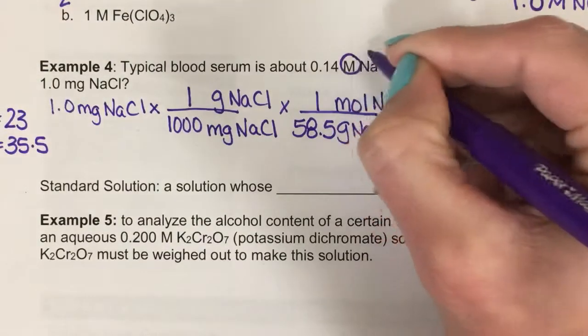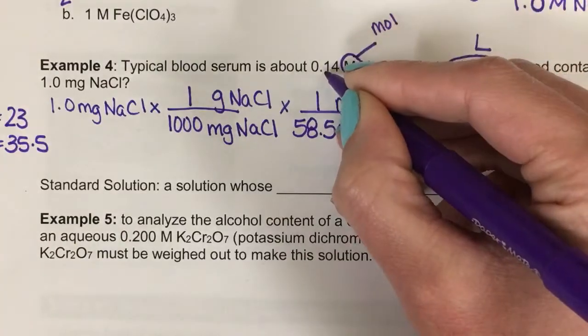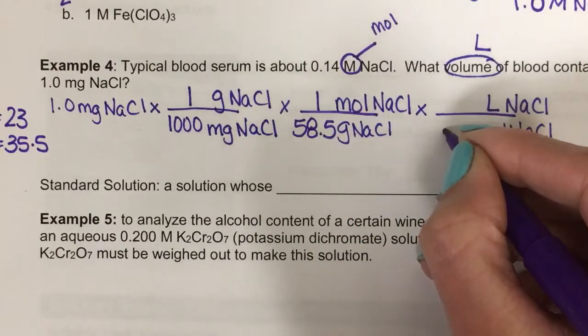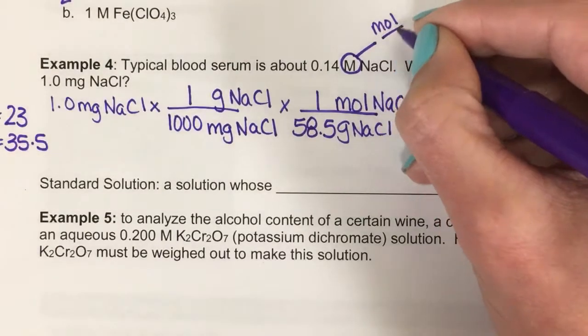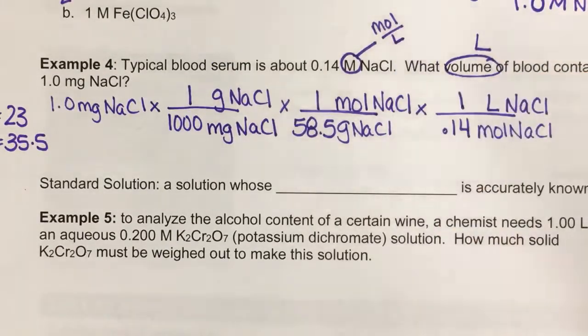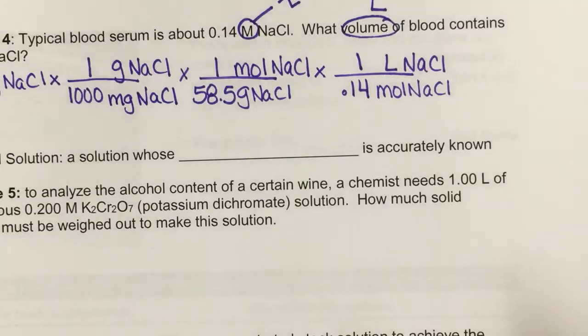My capital M, molarity, is moles, so I have 0.14 moles of NaCl for every 1 liter of solution. So molarity allows me to change from moles to liters or liters to moles of something that I'm trying to find out about. Now I can just plug it into my calculator.